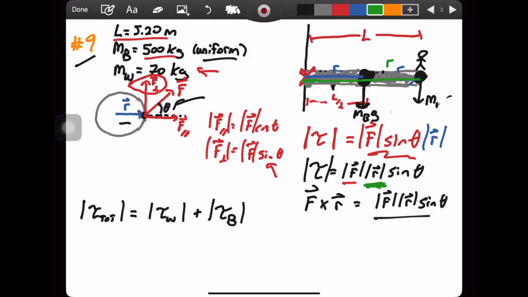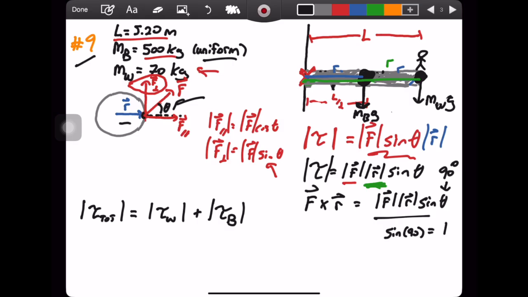In both cases, I hope you can see that the position vector and the force, which in both cases is weight, this is M worker G, are perpendicular. And when the forces are perpendicular, that means that theta equals 90 degrees, and the sine of 90 degrees equals 1, which is unity.